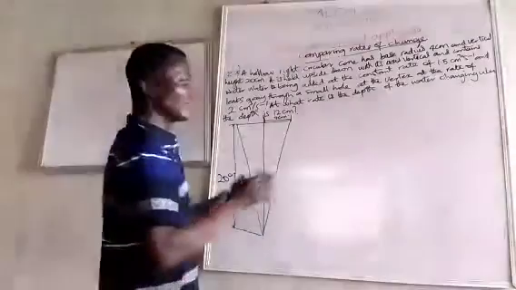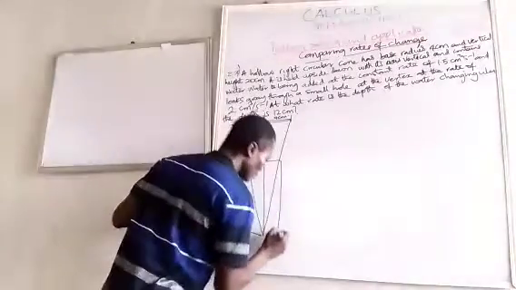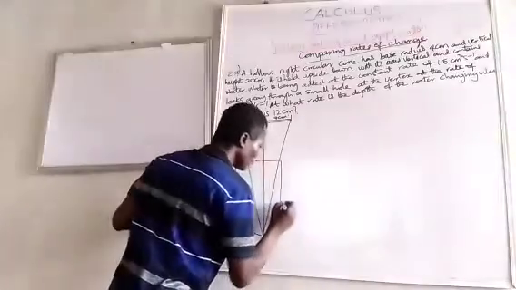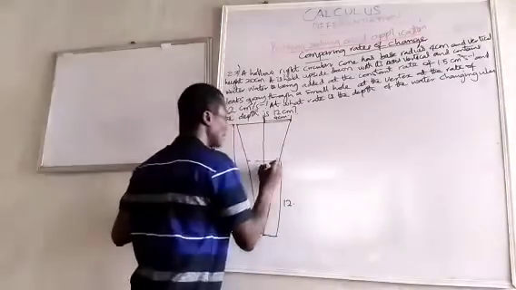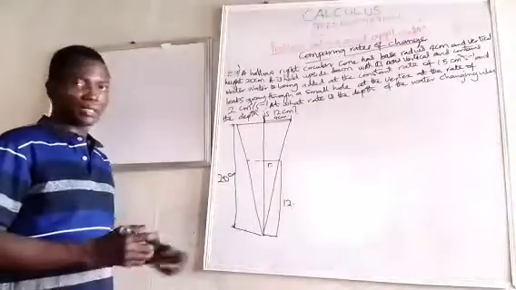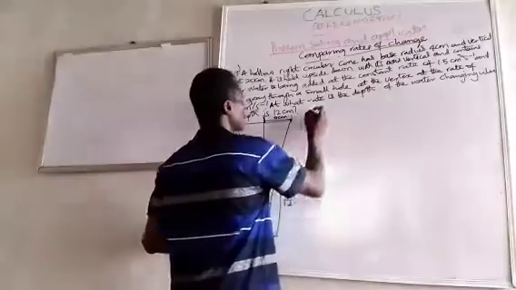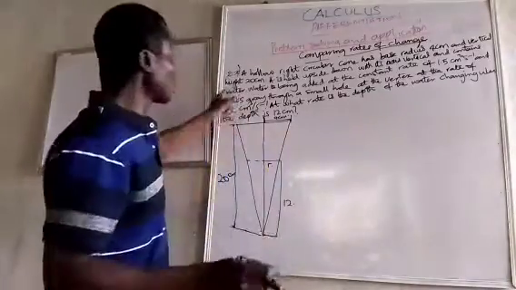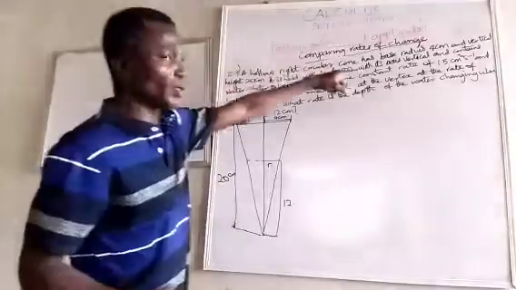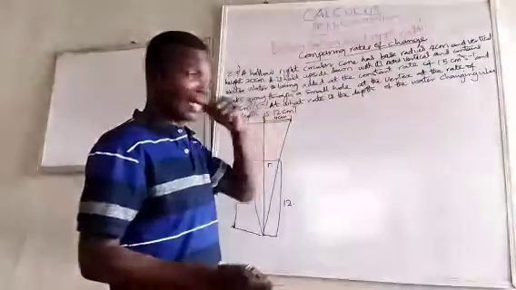Now we are told that there is water up to 12. So we need to find r at this point. Do you understand? We need to find r at this point. Before we go on, we are also told that water is being added at the rate of 1.5 centimeter cube per second, and it is leaking away at the rate of 2 centimeter cube per second.